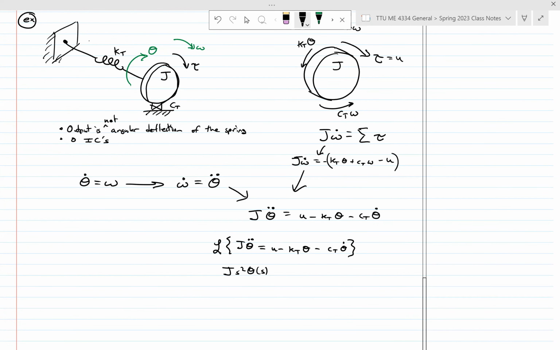We already said, should use the capital theta here. Try and draw it out. Something like that. I think there's bars or something. First order derivative, just one S, and we don't have any initial conditions, as we said earlier.